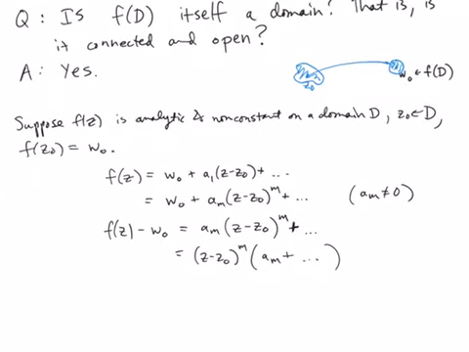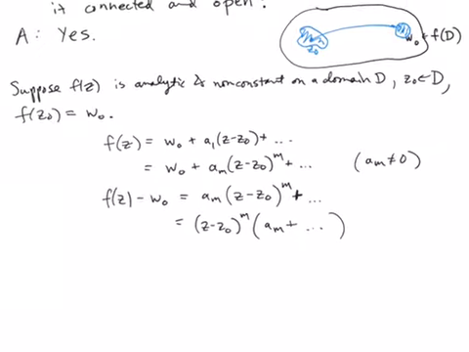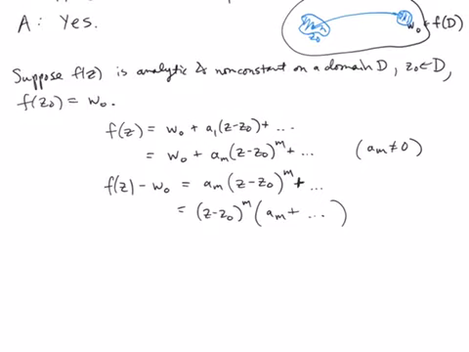Okay, so going along with our intuition up in this picture, what we want to do is look sufficiently close to z naught. Our power series tells us that if we come close to z naught, this will be just close to the constant a_m.